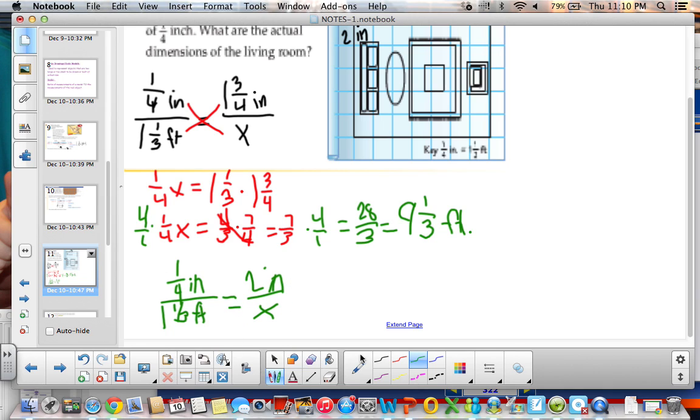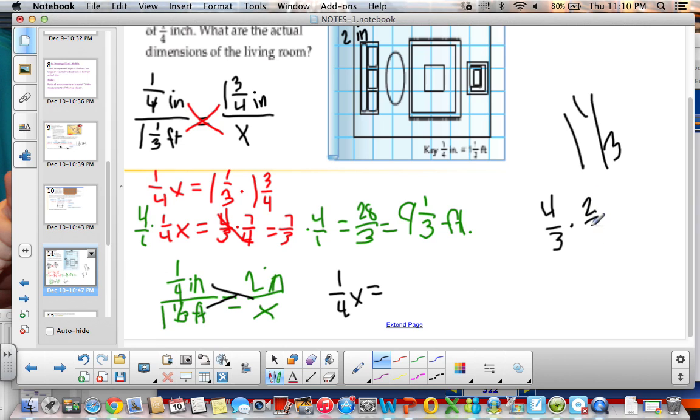So now I'm going to multiply my cross products. So 1/4 times x equals 1 1/3 times 2. So I'm going to write that over here. 3 times 1 is 3 plus 1, so we have 4/3 times 2.